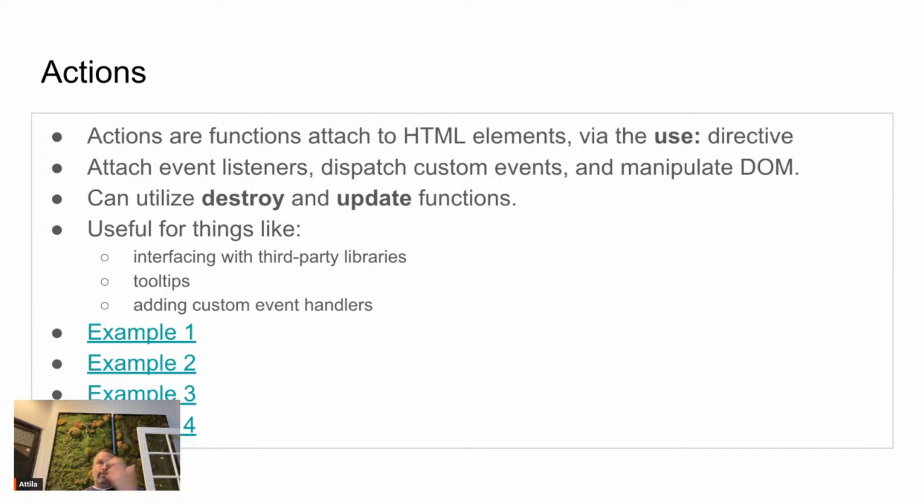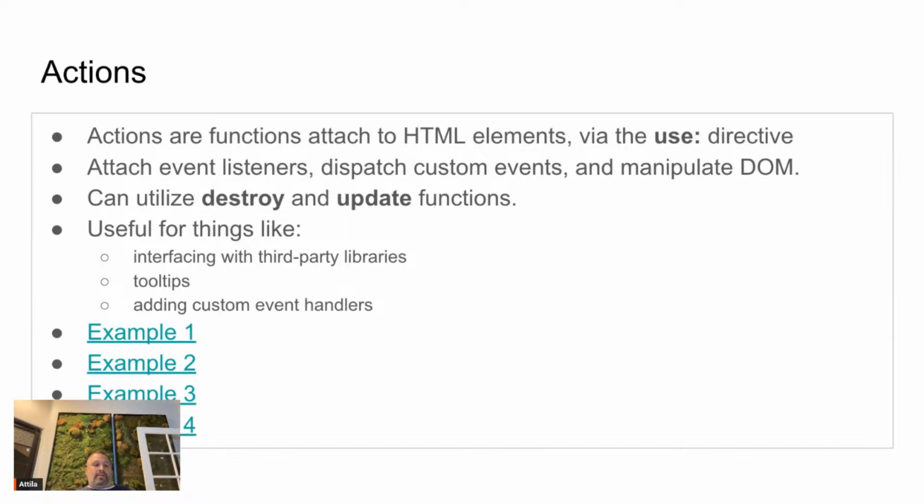That's just general programming. And then the update function, basically if there are changes to the values, the update function will get called. So it's useful for things like interfacing with third-party libraries, tooltips, adding custom event handlers. Let me show some examples, because I think that will make the most sense versus just reading this. I know when I first read the docs, I was like, what the heck are they actually talking about?